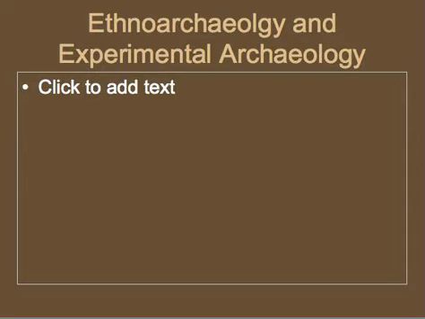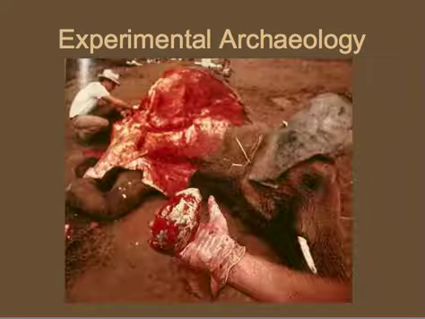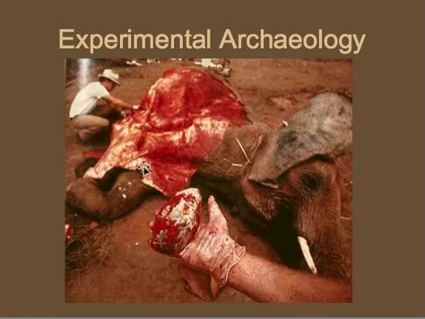Experimental archaeology is essentially replication, trying to replicate tools and artifacts in order to see how they were used or to see what kinds of marks they made in ancient times. So this is kind of sad, but this was not the archaeologist who did it. This was an elephant who died of natural causes.